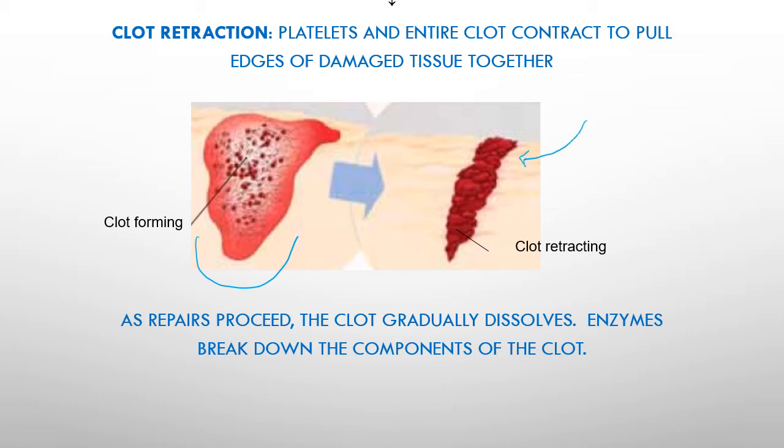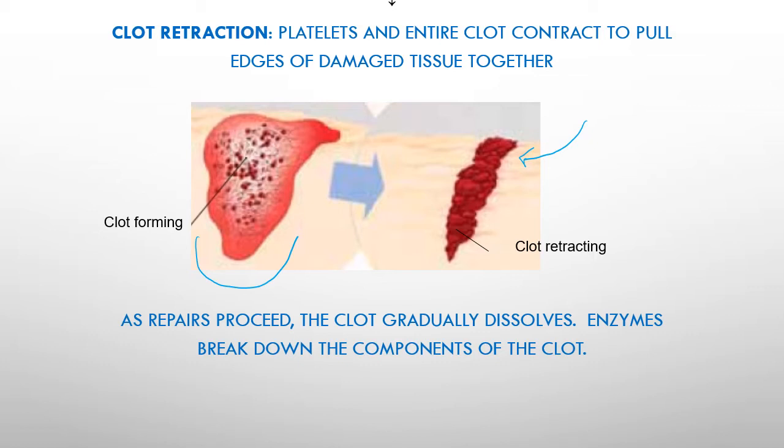It's going to shrink, and as it does so, it's going to pull the edges in closer and closer, and that allows the damaged tissue to start to heal and come together in between the damage that's there.